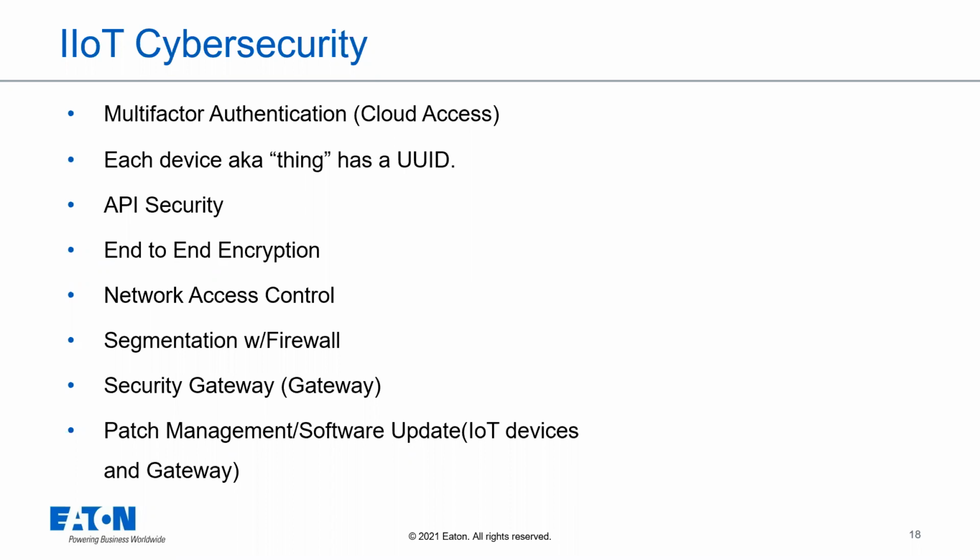So the next thing we have right here is API security. A lot of times, you also want to have end-to-end encryption and network access control, which is an interesting concept because it's similar to turning off a discovery protocol.